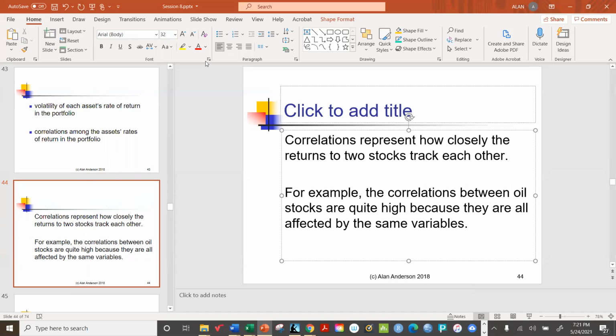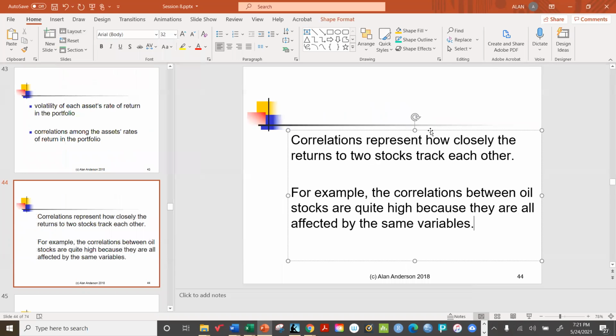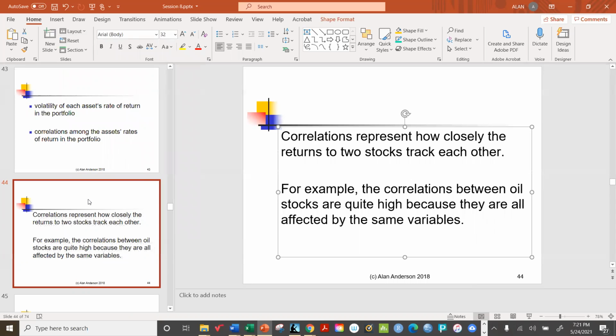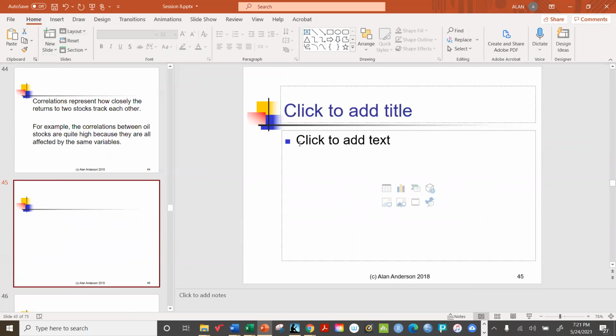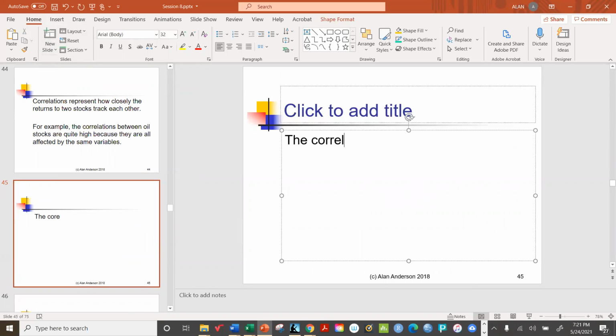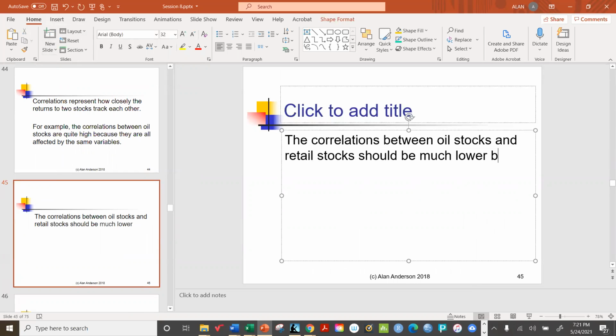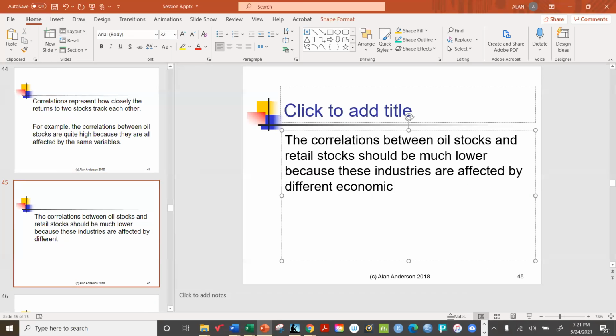On the other hand, if we're looking at two very different industries, the correlations between oil stocks and retail stocks should be much lower because these industries are affected by different economic variables.